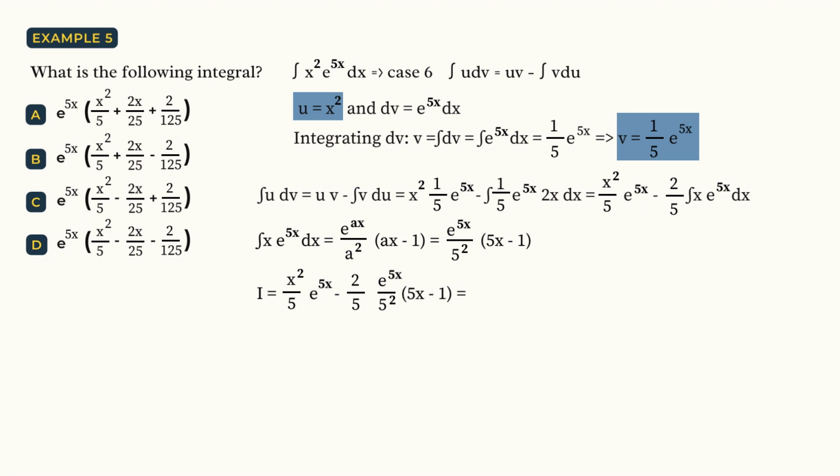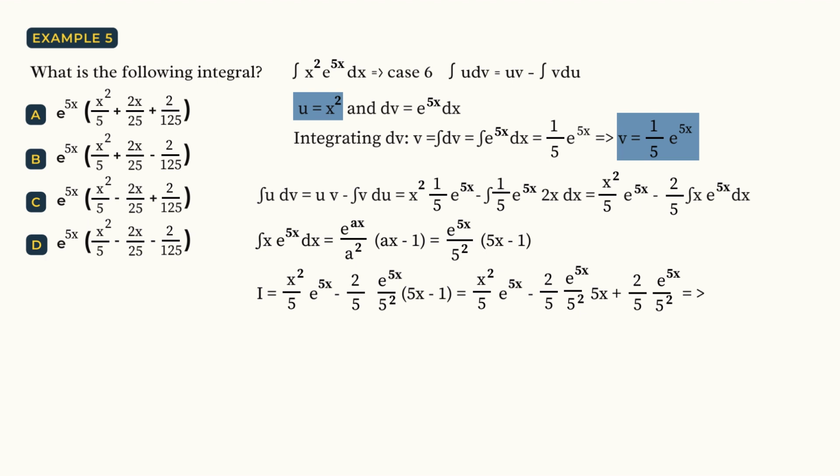If not, you're welcome to just stop and go as slow or as fast as you need. So now we'll have to multiply and open the parentheses. I'll write the first term the way it is, x squared over 5 multiplied by e power 5x minus, and now I will multiply this term with 5x and this term with 1, but I will keep the things the way they are. I will not do the multiplication.